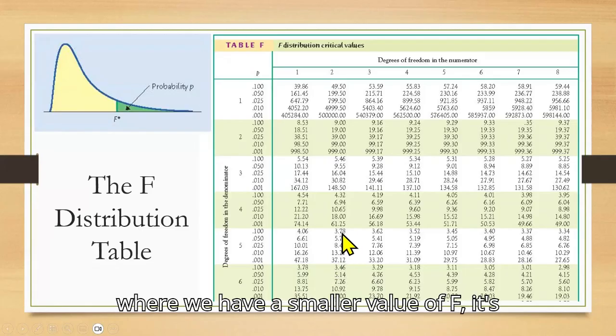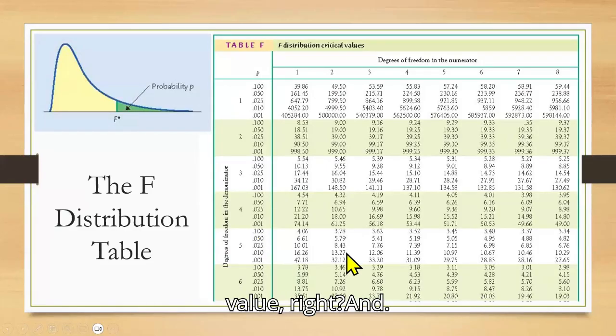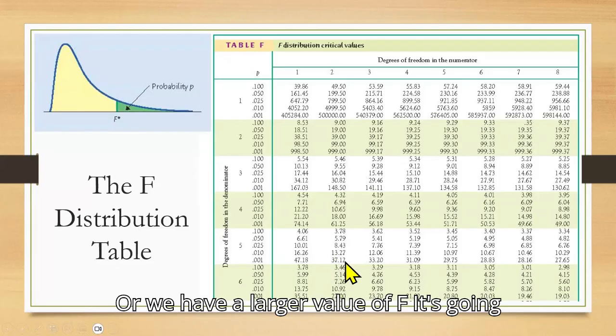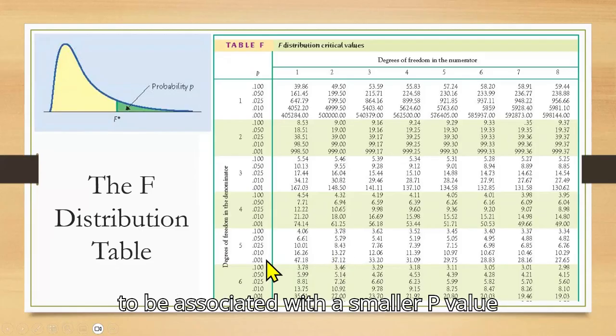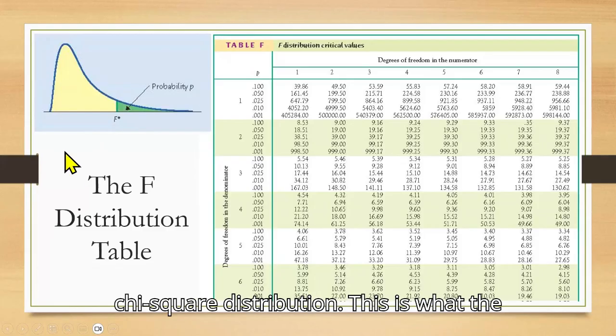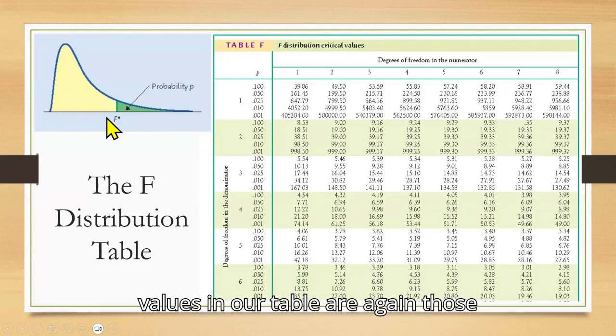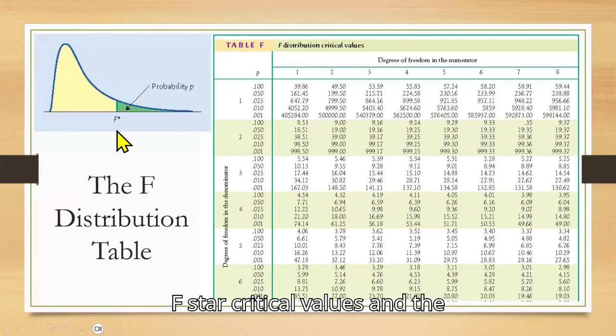And where we have a smaller value of F, it's going to be associated with a larger p-value, right? And where we have a larger value of F, it's going to be associated with a smaller p-value. And we can see that just like the chi-square distribution. This is what the F distribution is going to look like. The values in our table are, again, those F star critical values.